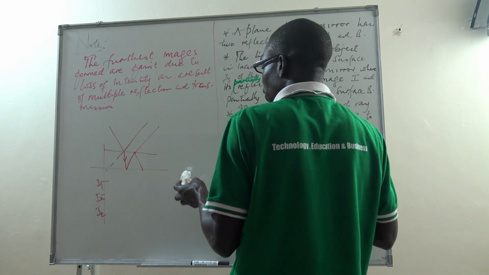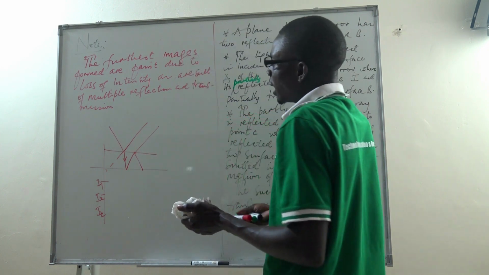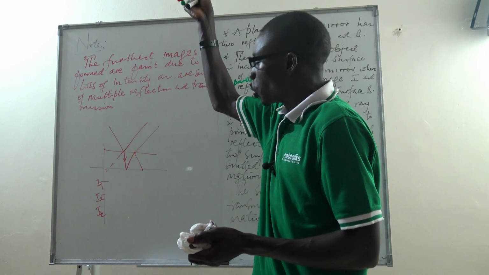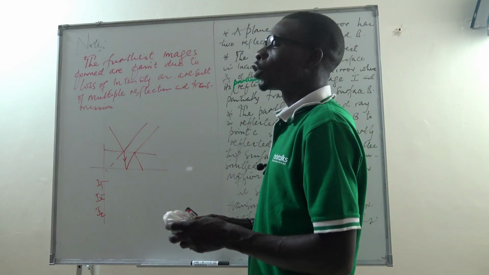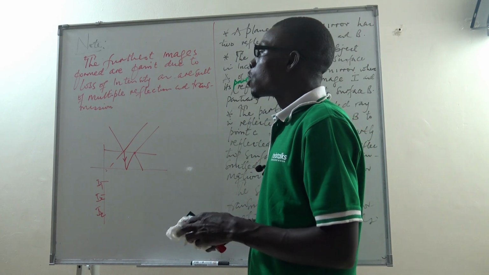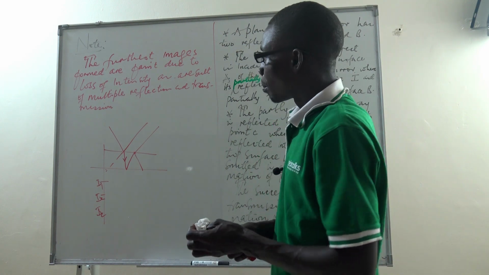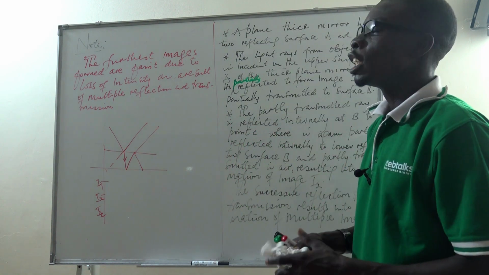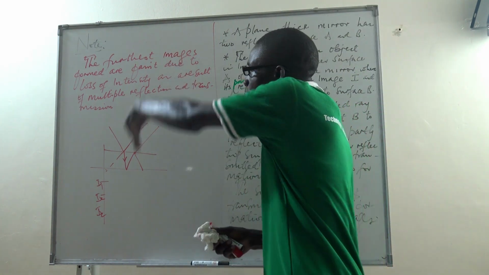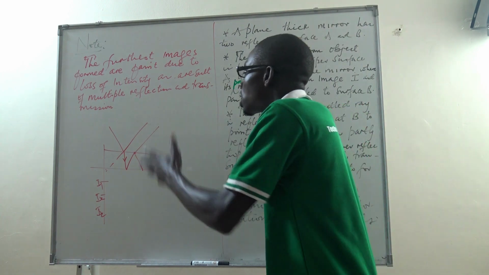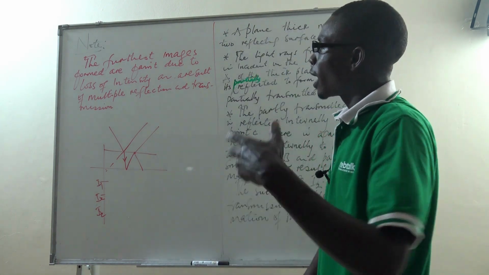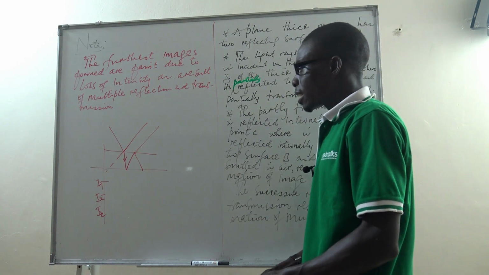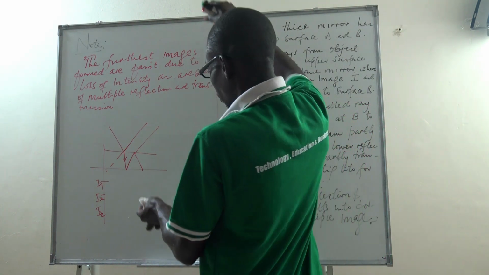And then maybe too, you can also say this effect of producing faint images as a result of continuous reflection, we can also avoid it by using a glass prism. Okay? We shall look at that. The effects of the reduced intensity and so forth due to reflection can be reduced using a glass prism.